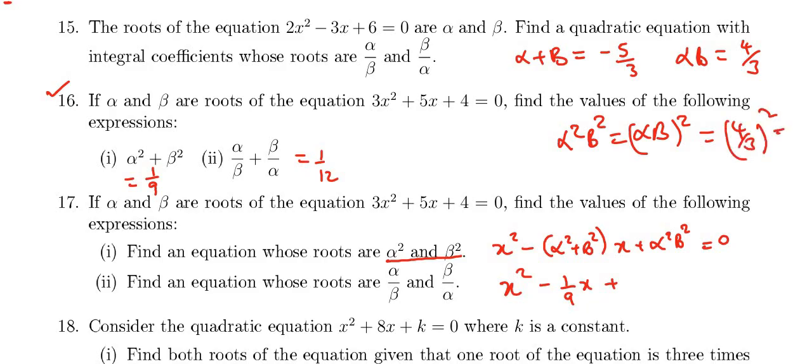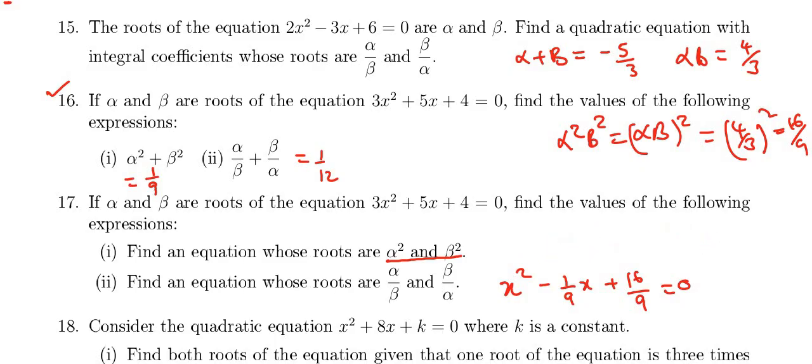This is just going to be what? Your 16 over 9. So this is the quadratic equation, the one for the first case. Yeah, so we can multiply throughout by 9 to make it into a linear. So this is going to be 9x squared minus x, then plus 16 is equal to 0. So this is what they wanted, your question number 17A.